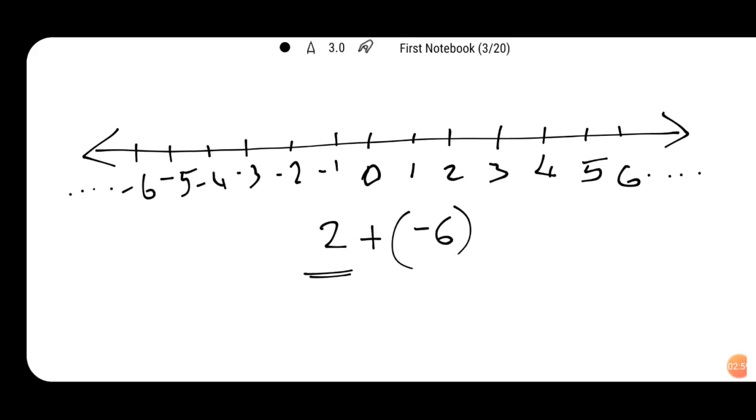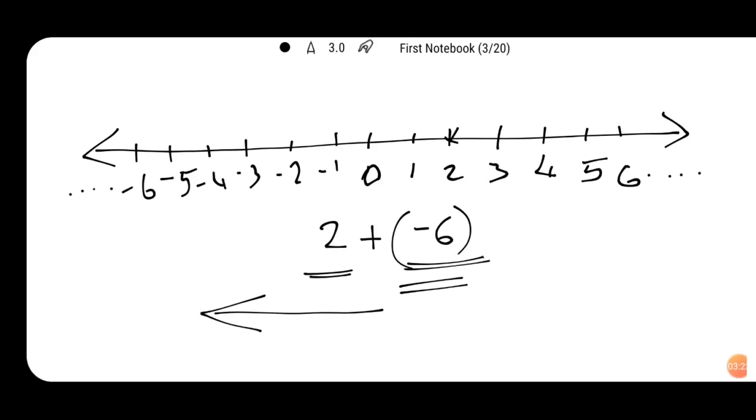Now you just see, I'm adding 2 plus negative 6. So this is a positive number and this is a negative number. Again we are starting from the first number, that is 2. Now the number here is negative 6. Since it is negative, we will move towards left of this first number.